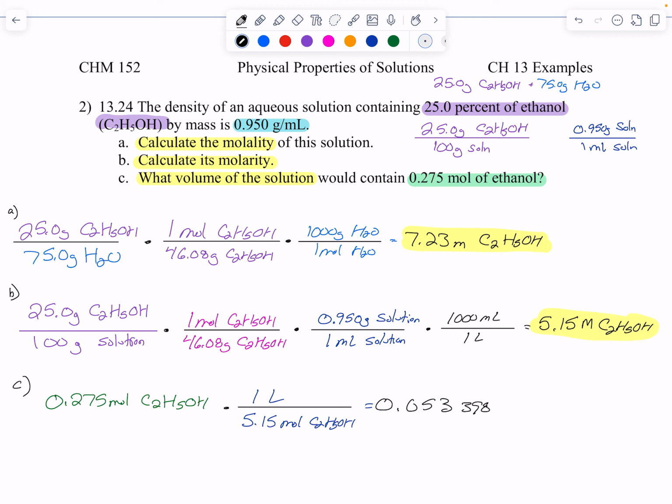And I have 3 sig figs, so I would say that's 0.0534 liters, or 53.4 milliliters, depending on the units they would want. All right, so that's number 2.